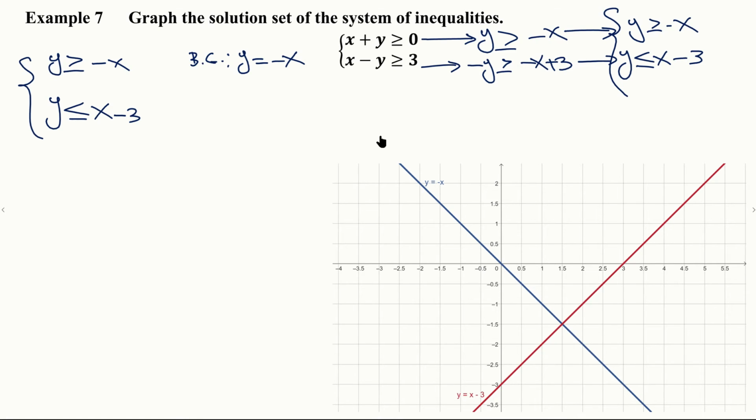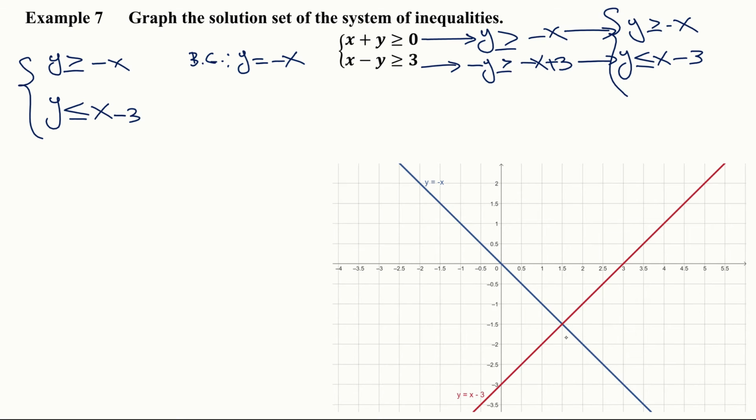As you know, that's this line right here in the blue. It's very easy to graph, right? Just do a couple of points or just use the slope-intercept. So the y-intercept is 0, 0, and the slope is negative 1. So start there, go down 1, right 1. There you go. There's the graph of y equals negative x.